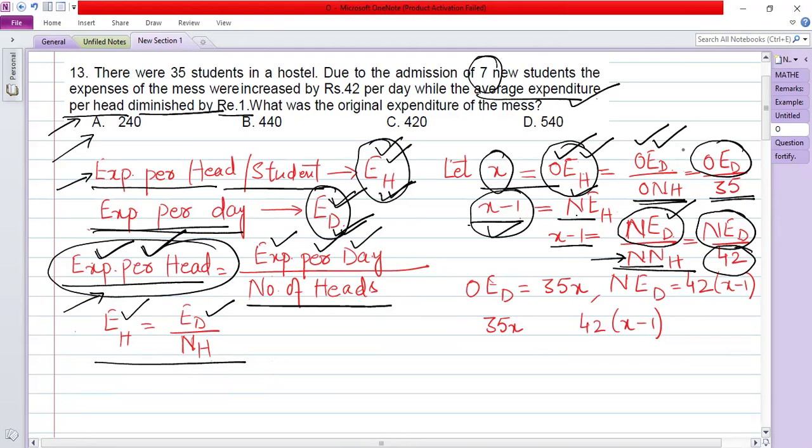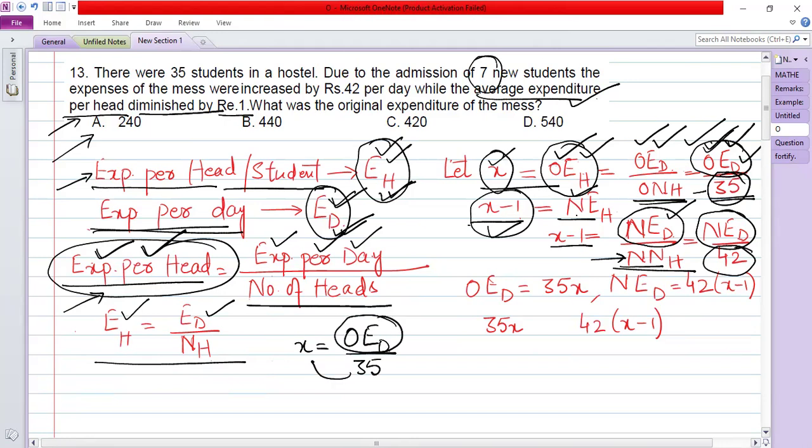So now from the top equation, what will be the original expenditure per day? The original expenditure per day will be 35 multiplied by X. Basically, we have X equal to the original expenditure per day divided by the original number of students. So what will this be?